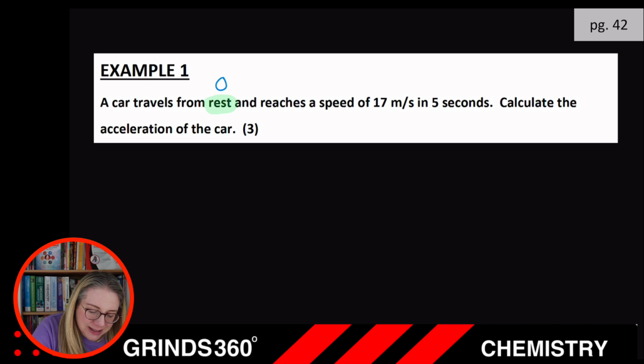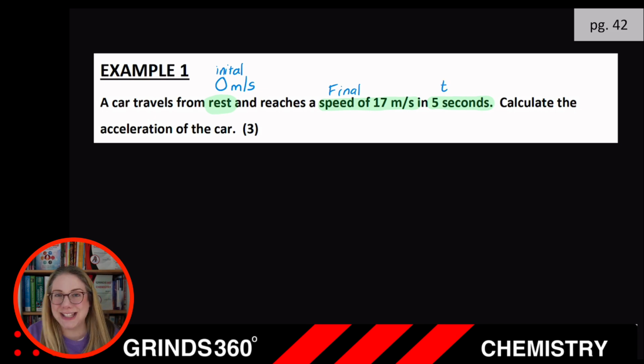That means we're dealing with 0 meters per second. And reaches a speed of 17 meters per second in 5 seconds. So we have the initial speed, we have the final speed, it starts at 0, it ends at 17, and the time is 5 seconds. And it says calculate the acceleration.